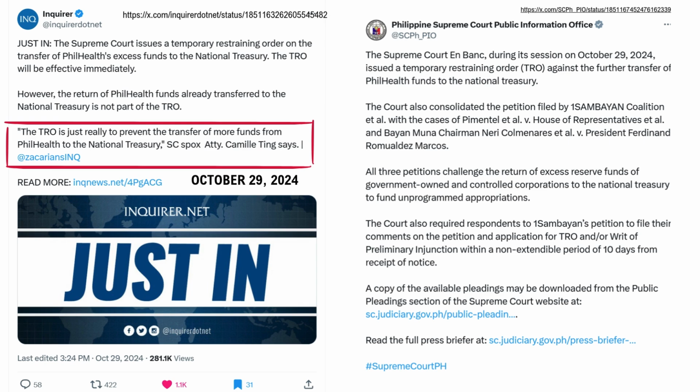The third tranche, at 30 billion pesos, was transferred in October. The 29.9 billion were the remaining funds that are now under TRO. These were supposed to be transferred in November, but because of the TRO, this was stopped. So this is an example of how the judiciary can put a check on the executive branch.